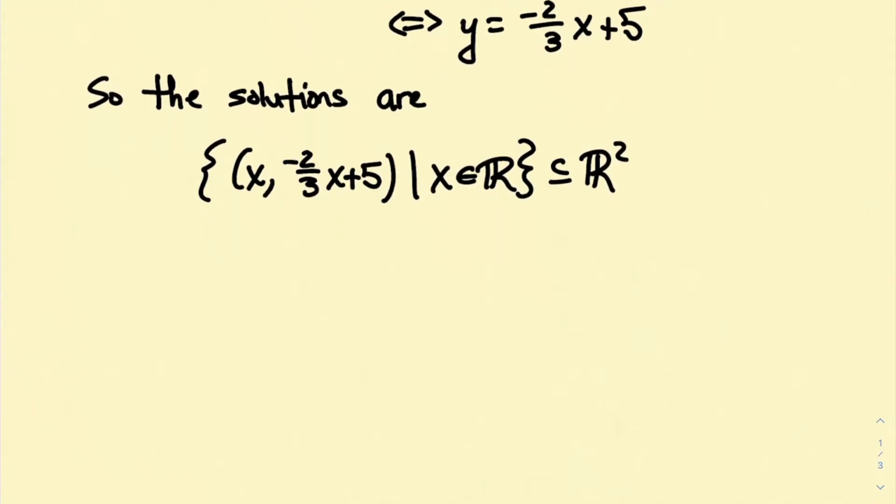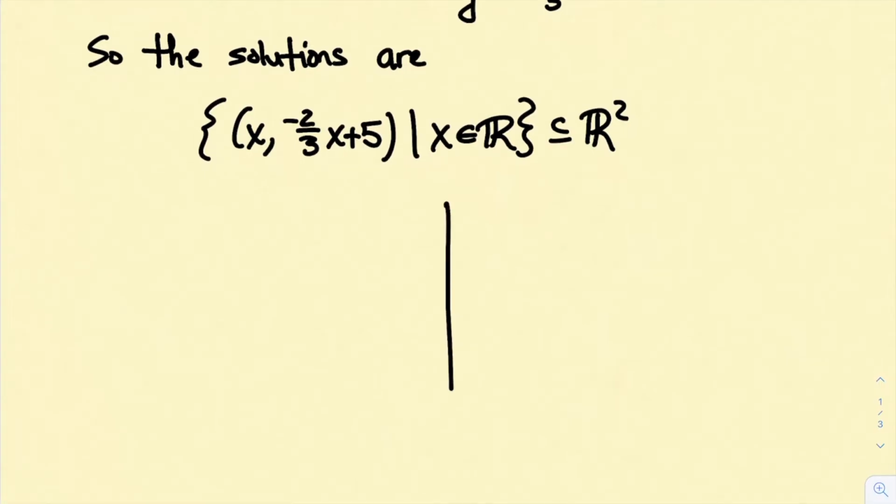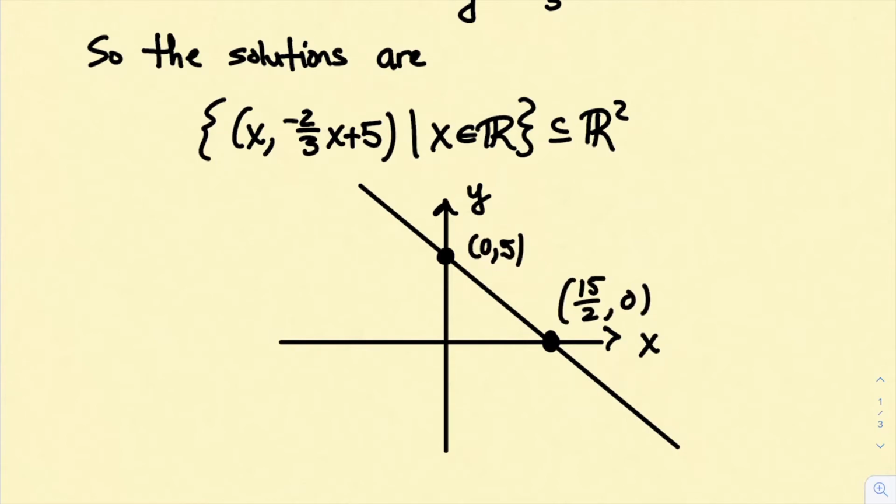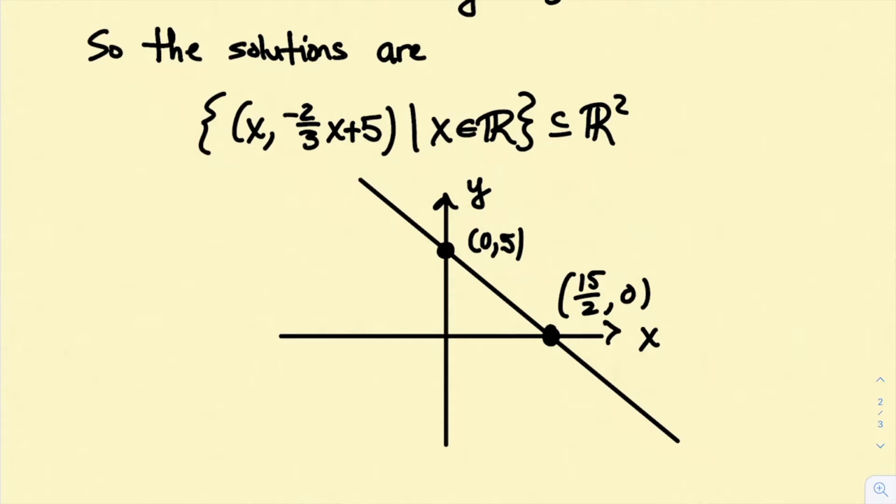So to graph the set of solutions, all we need to know is this is a line with slope negative 2/3 passing through the points (0, 5/3) and (5/2, 0). So the set of all solutions to a linear equation in two unknowns is simply a line in the plane.